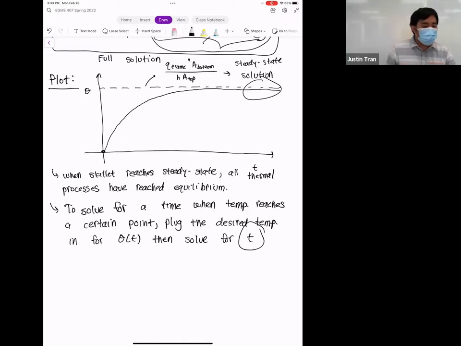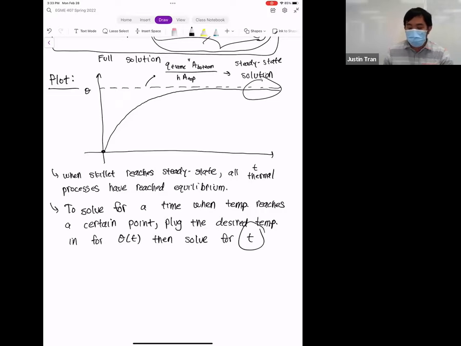I think we did an example for that last week, because I do want to show you an example really quickly of a case where you don't have convection and what that looks like. I want to make sure we get to that example, but I don't want to leave you hanging, so that's how you would basically solve for that t. The details are in the lecture notes.